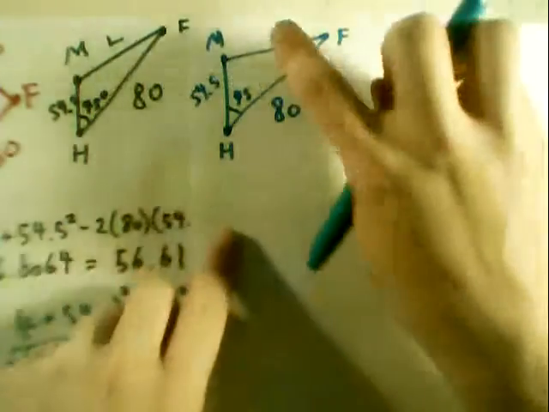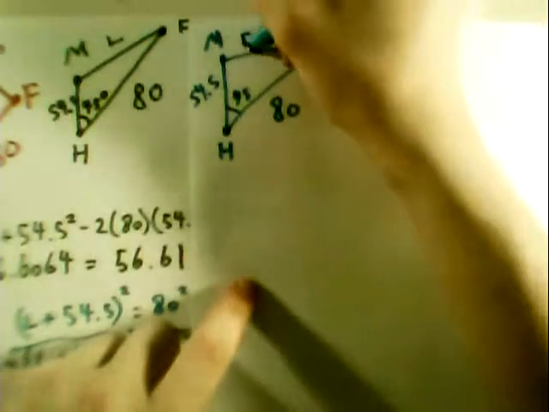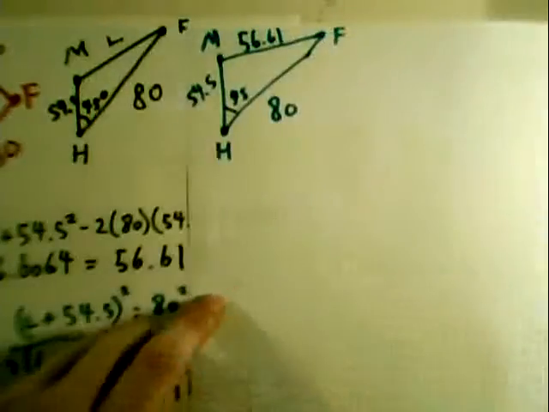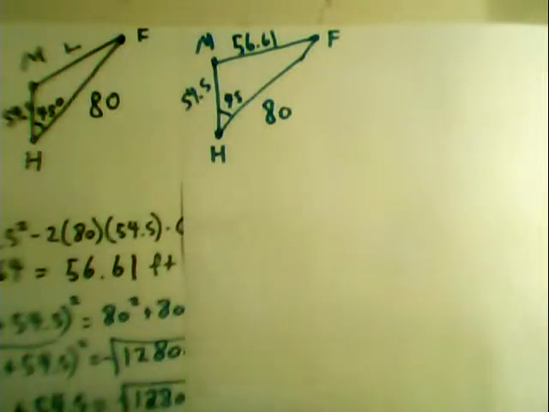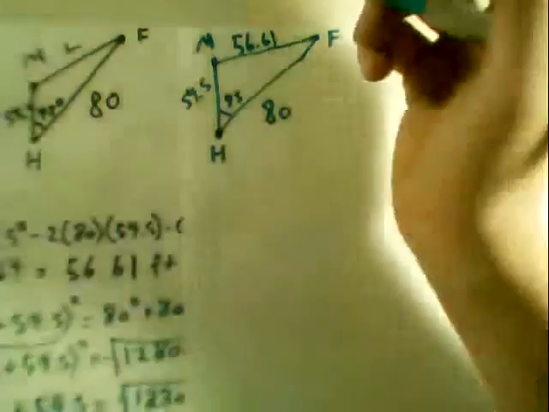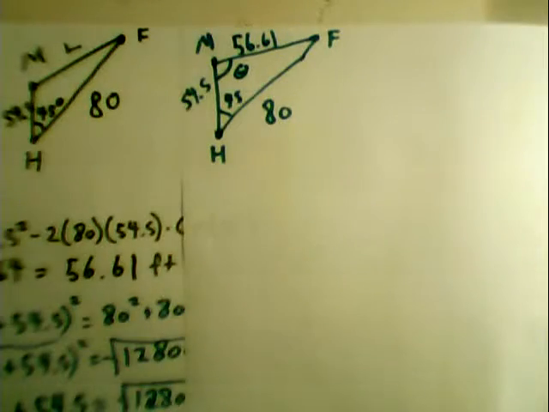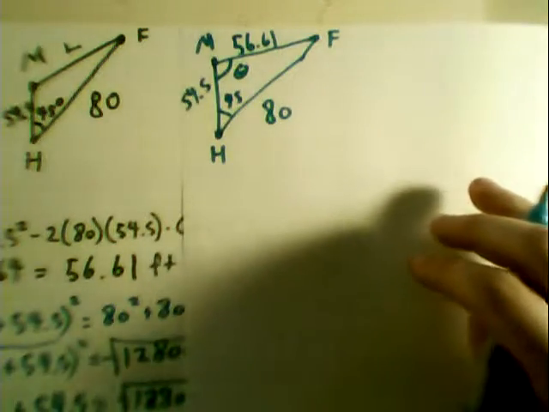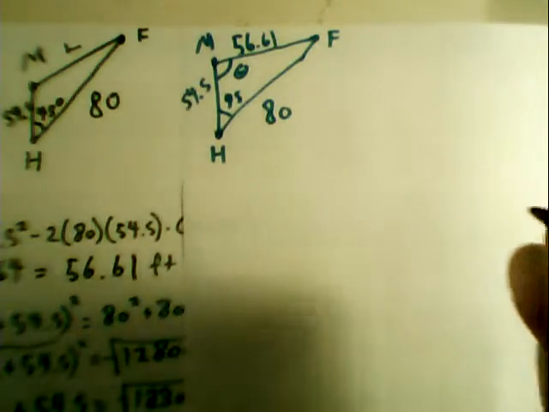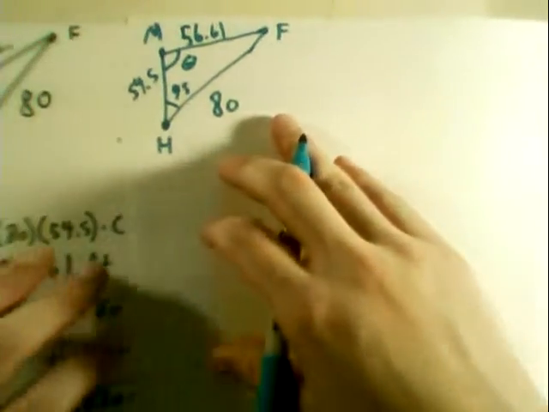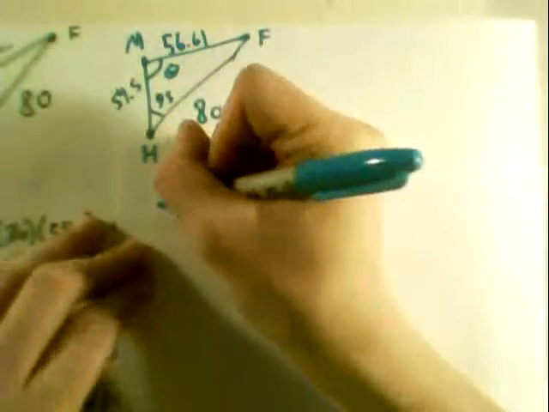Just applying, and remember we saw that this was 56.61. So since we know all of those different lengths, and we're looking for this, let's call it theta, we are going to need to apply the law of cosines. Well, we could apply law of sines. I'm going to go ahead and apply law of cosines, just because I know that it will work.